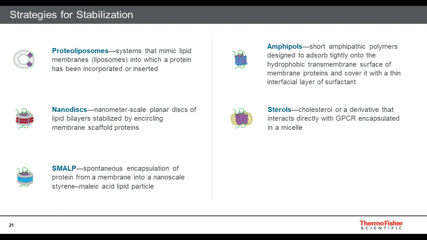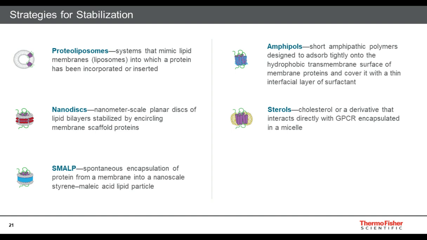Amphipols are short amphipathic polymers designed to absorb tightly onto the hydrophobic surface of the transmembrane proteins and cover them with a thin interfacial layer of surfactant. And lastly, the inclusion of sterols stabilizes by interacting directly with the GPCR encapsulated within a micelle.